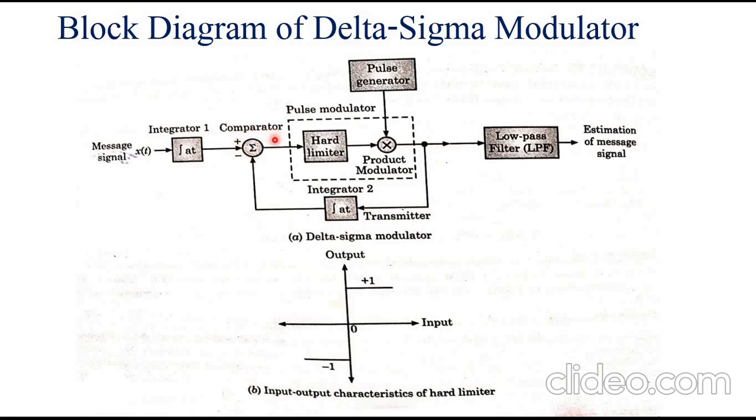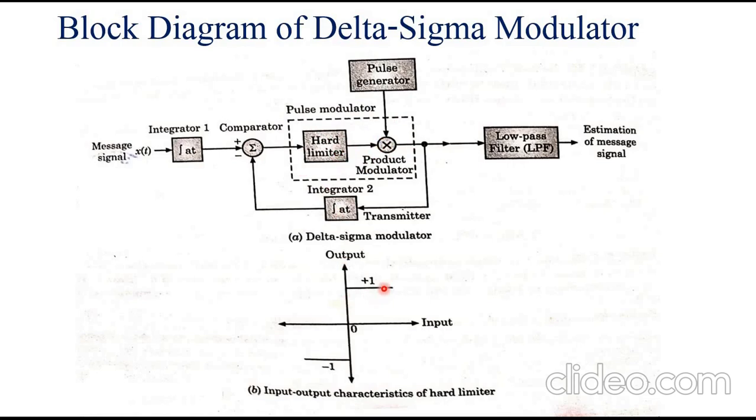Okay, so let's review this. x(t) is the message signal, which is a continuous time signal. It is first passed through an integrator and a comparator, and the comparator output is applied to the pulse modulator block, which consists of a hard limiter and a product modulator. The input-output characteristic of this hard limiter is shown in this figure.